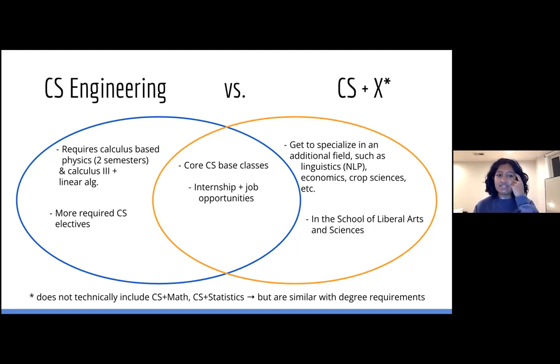The other thing is that CS engineering students get priority registration for CS tech electives, not the core based classes. Everyone is the same for the required classes, but for tech electives, I know CS engineering students get a couple days ahead for their registration than CS plus X students do, but I have friends in CS plus X that were able to get into all the classes they wanted to get into.